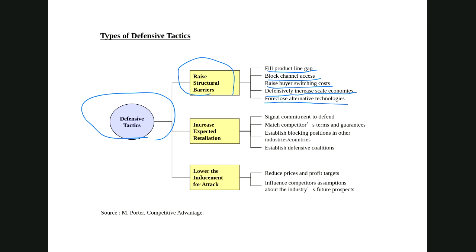Exercise your competitive advantage to block other competitors and increase the expected retaliation; signal the commitment to defend and match the competitors' terms of guarantee. Establish a block of positions in other industries and establish defensive coalitions. Make a friendship. And lower the inducement for attack: reduce the price and profit target, and influence the competitors' assumptions about the industry's future prospects.